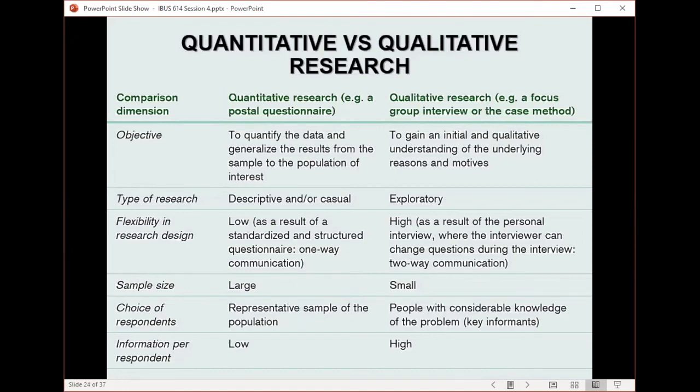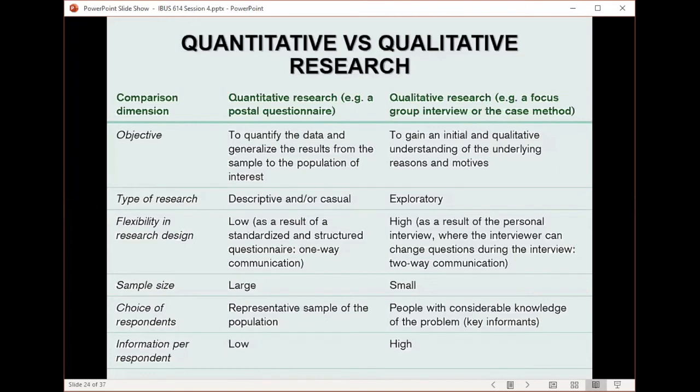Hence, giving them flexibility to be able to gain further clarification as they go along in the research process. However, with quantitative, the flexibility is very low because you cannot say that, okay, the respondent chose strongly disagree. Why? There's no response option for the why. They either agree or disagree. It's either a yes or a no. Hence, the low flexibility with quantitative research.